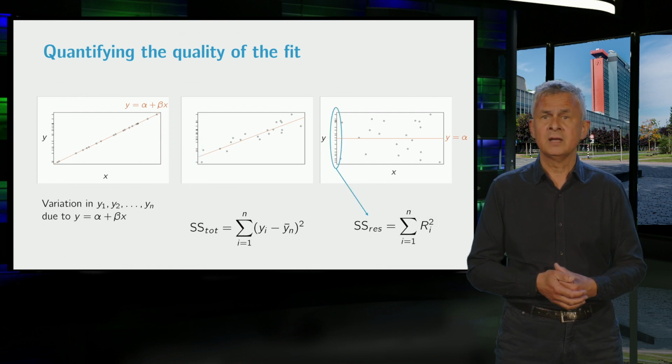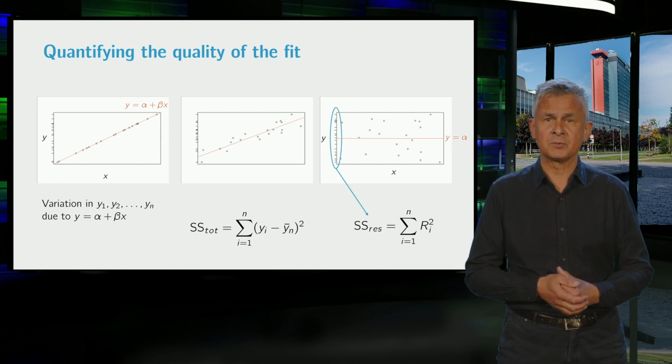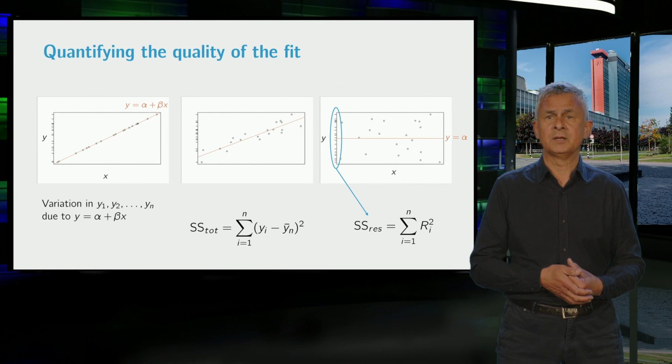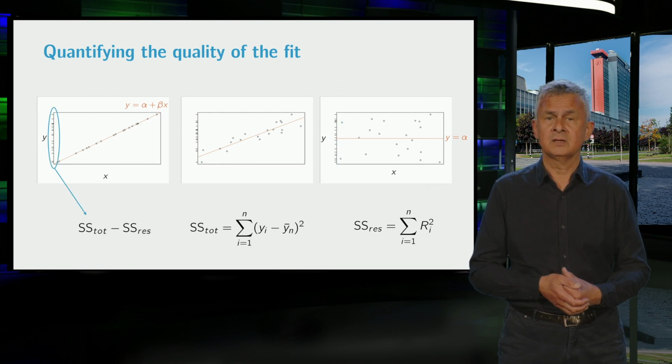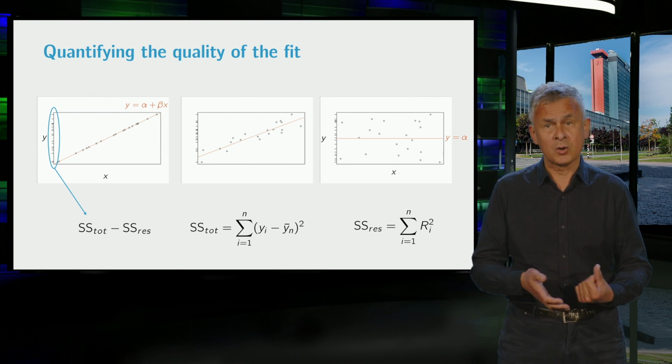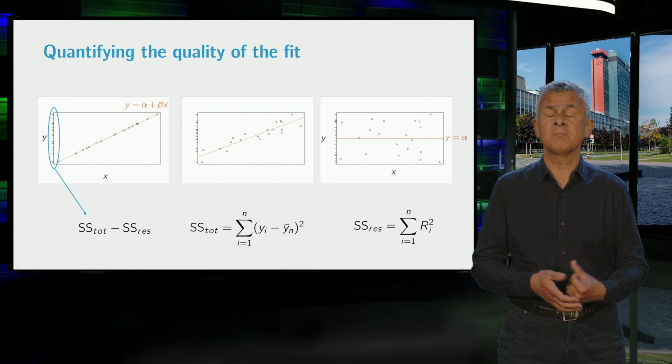In the same way, the amount of variation due to measurement error is quantified by the so-called residual sum of squares. And the remaining variation in y is due to the linear relationship with x. And the more this is a part of the total variation, the better the fit.